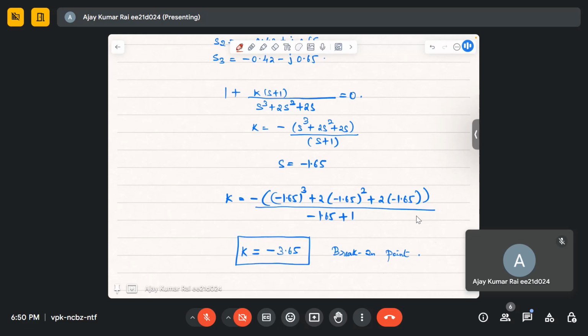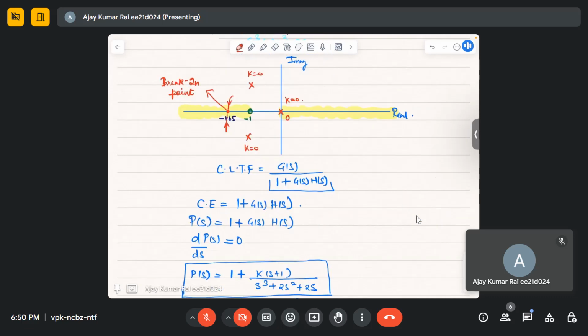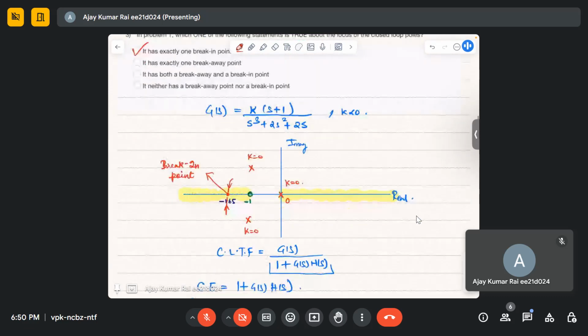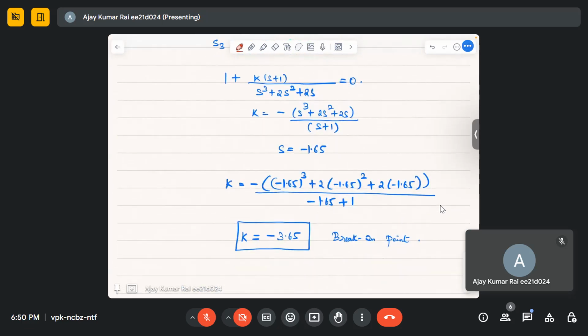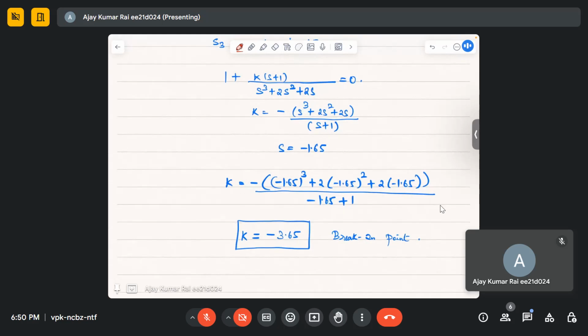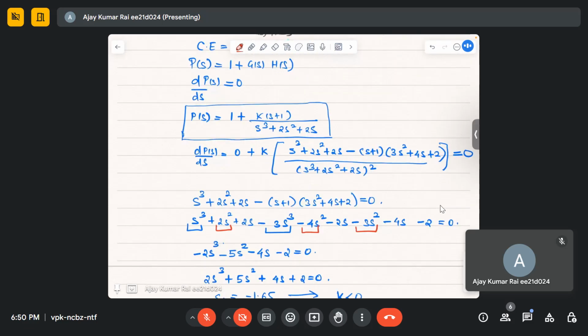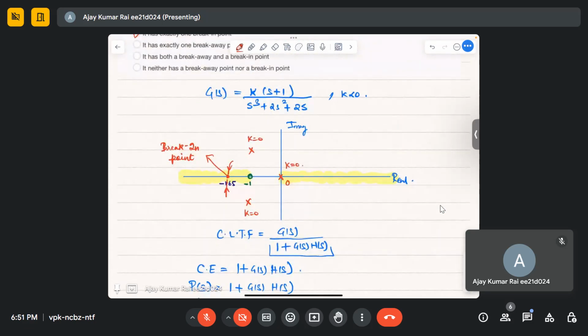So K has to be negative. If K is positive, then it will be positive negative feedback, and then you will not have this situation.